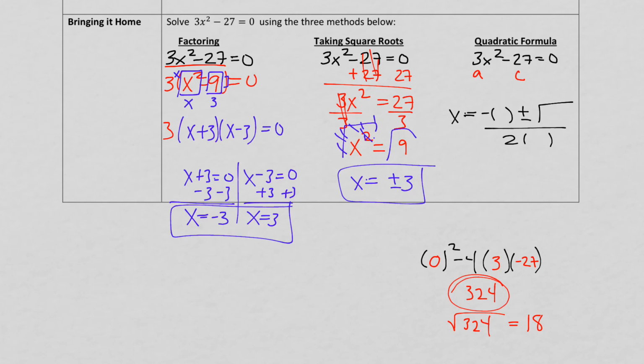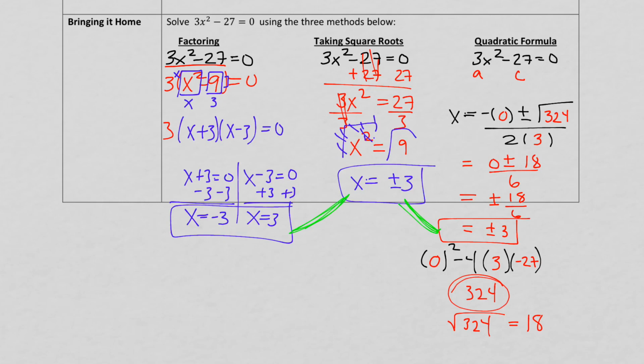So negative b is negative 0, plus or minus the square root of 324, all over 2 times a, which equals basically 0 plus or minus, and we just said that the square root of 324 is 18, so that comes as an 18, all over 6, which equals plus or minus 18 divided by 6, which is 3. So when you compare all three methods, notice how no matter which one I used, I got the exact same answer.